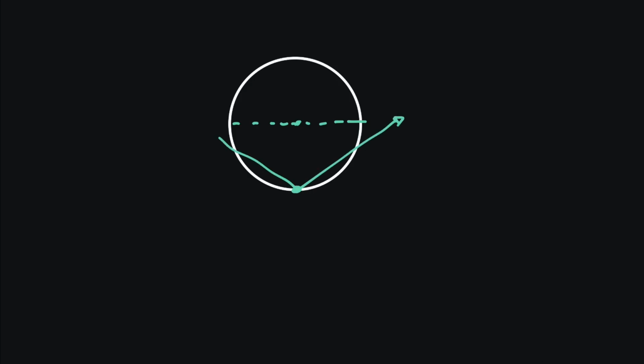Maybe we have a circle again, and this is the center of the circle. Well, that's a little bit crooked. Let's put it there. We have a diameter, and maybe we have an angle described like this, right?